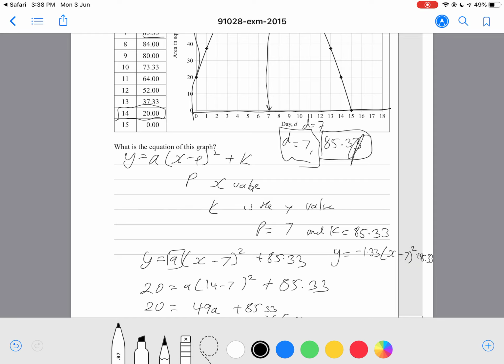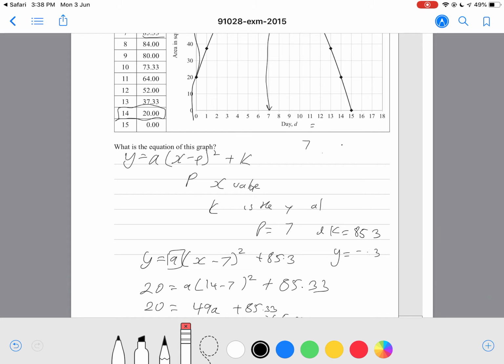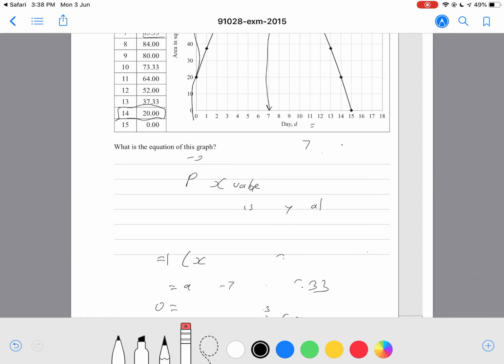So now I'm going to show you how to do it with the x-intercept way. That's how you do it with the vertex equation. Now I'm going to show you how you would do it with the x-intercept equation. It's a really similar way.